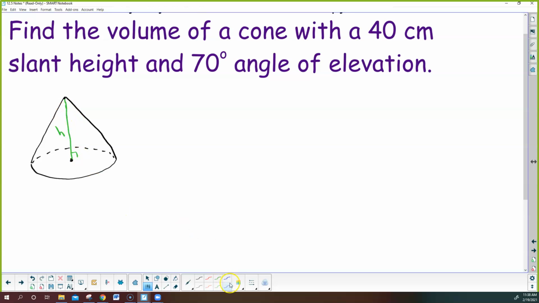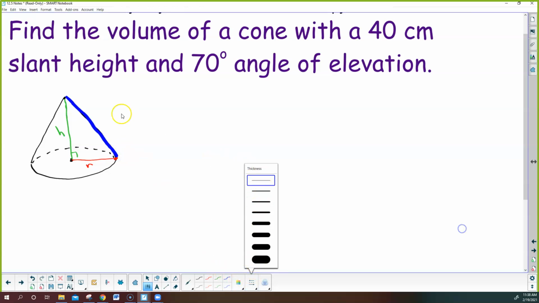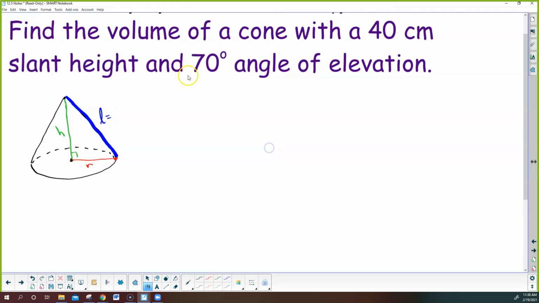All right, for a cone, I know I have to have a height, and I know I have to have the radius. And then we know that the slant height is given by that lowercase l, right? And in this case, they tell us that the slant height is 40.